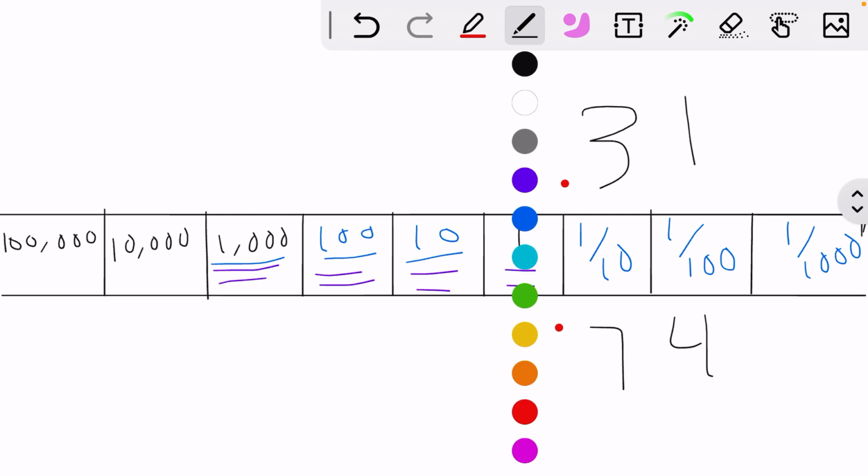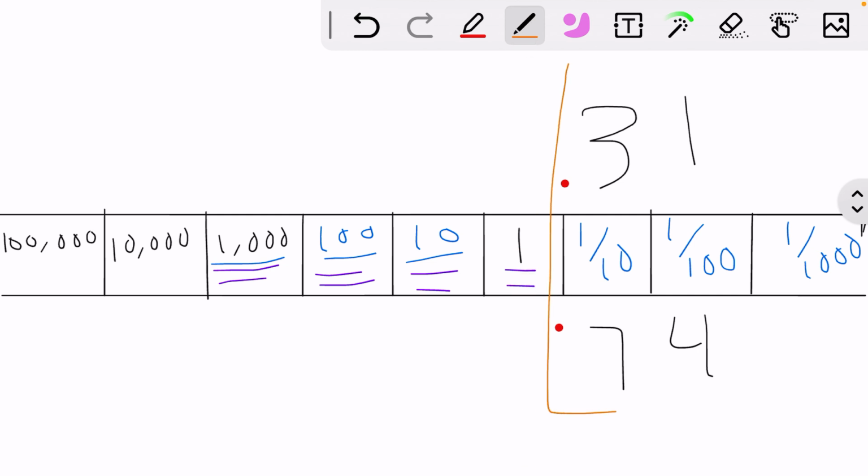We're going to bring the focus to this place right here. This is the tenths place, tenths because this is the place where 1 is being divided by 10, and that's the unit for this place.